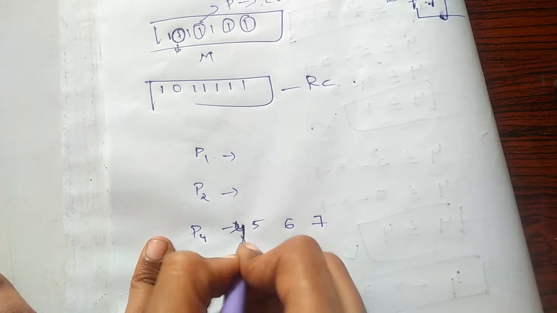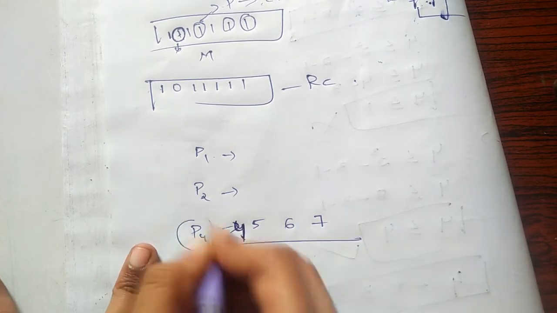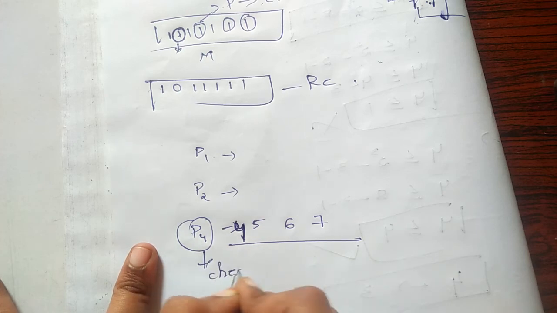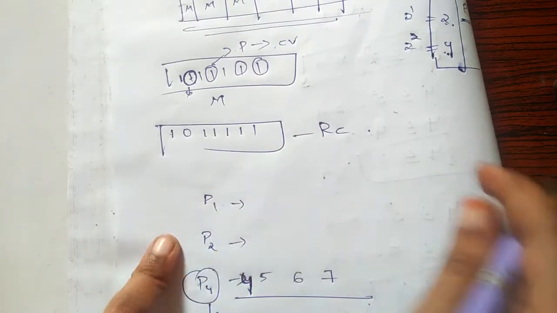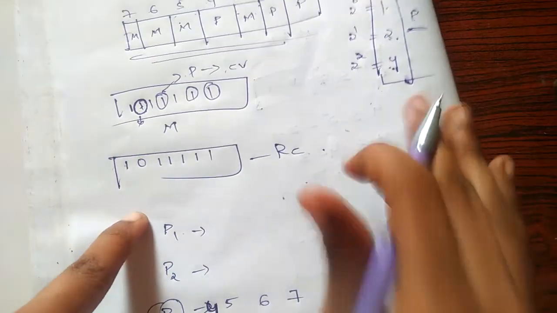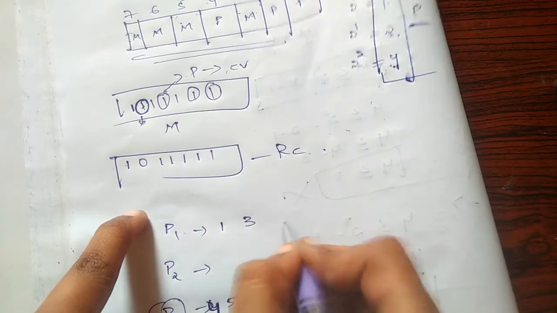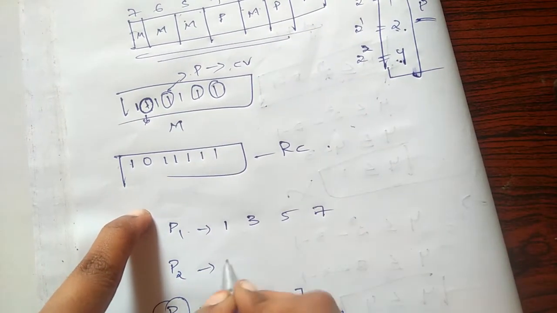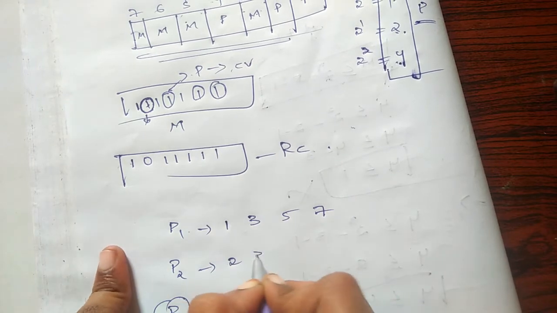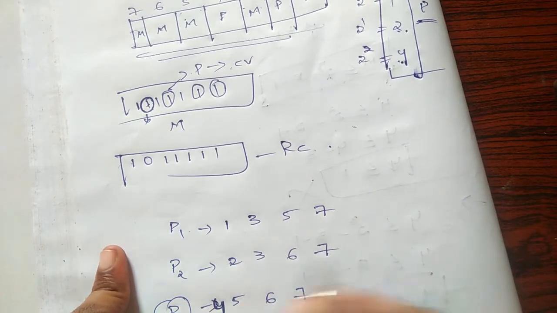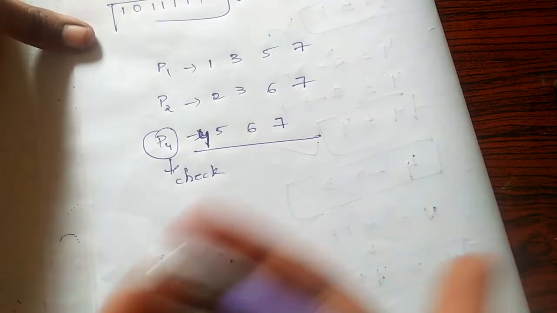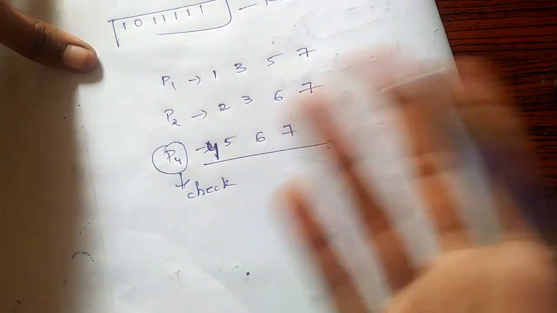So 4, 5, 6, 7 are allocated for P4 to check. For P1, 1, 3, 5, 7. And for P2, 2, 3, 6, 7. Now you have to know where the mistake is and how to rectify it.